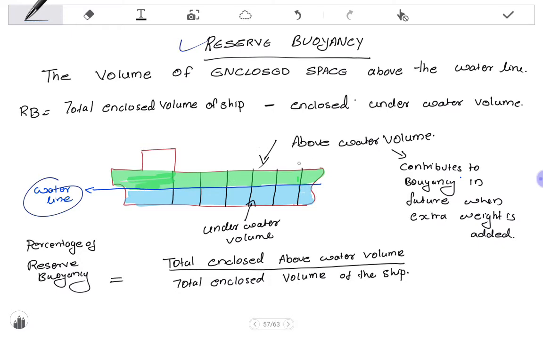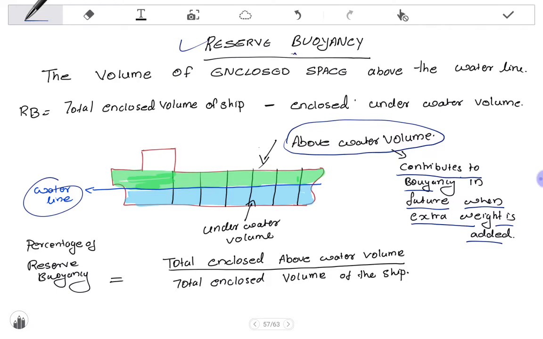This is the water line. That volume is not submerged at the moment, but in future it will contribute to buoyancy when extra weight is loaded on the ship. When we load the extra weight, the vessel will sink further, so more buoyancy will be given by the volume which is at present above the water level.